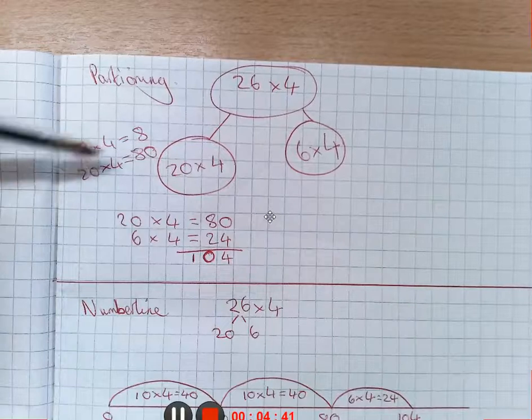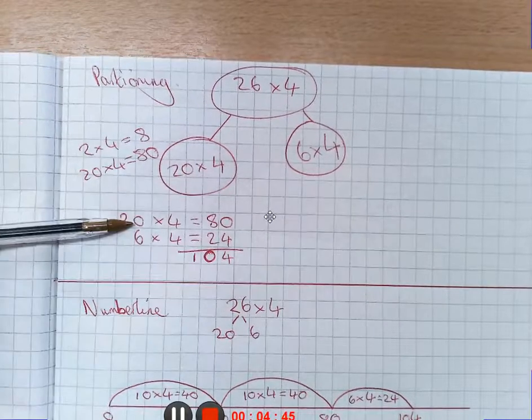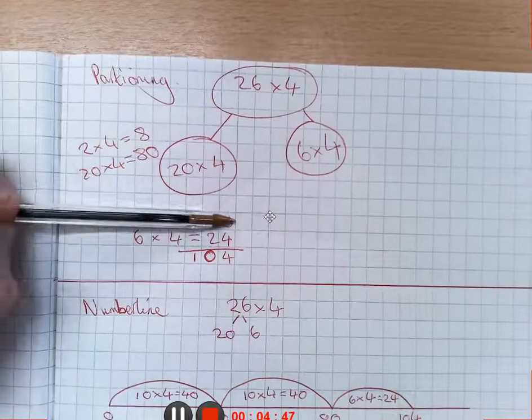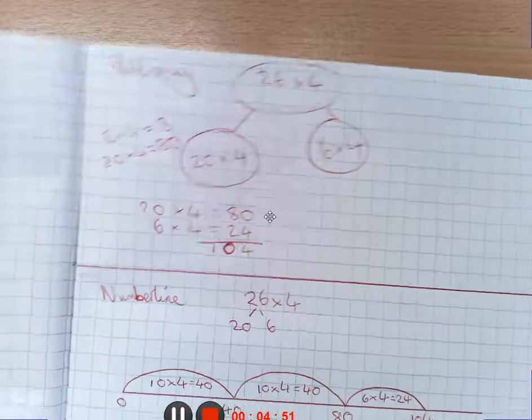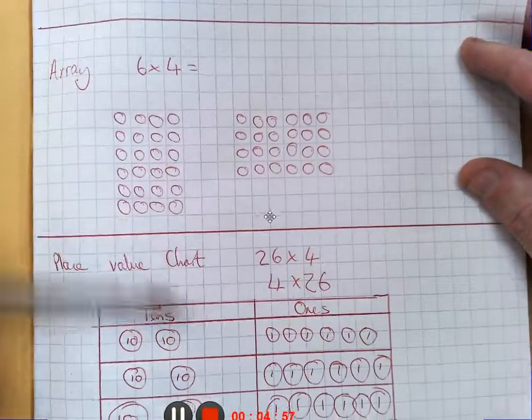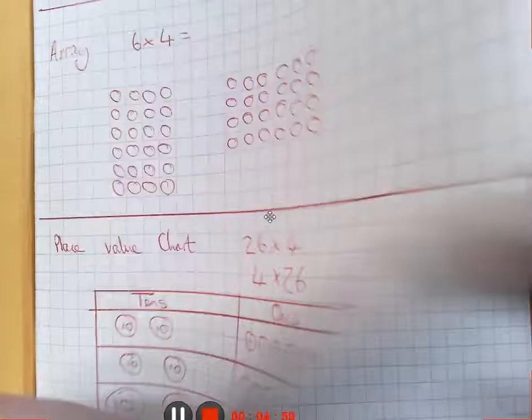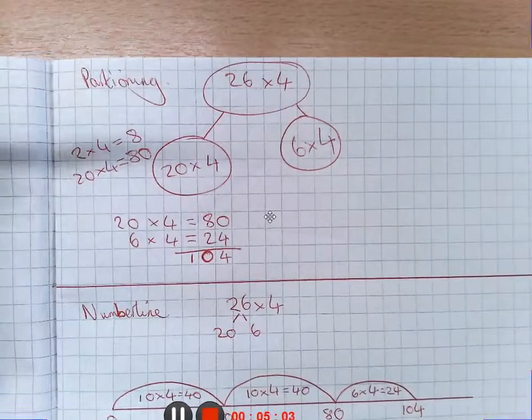That equals 8, so 20 times 4 must equal 80. And then we write it out, and we start then introducing this idea of the column method here. And if you notice with the array and the place value chart, they are all about neat columns in both of them, because we're building up to that column method that we learned when we were at school as well.